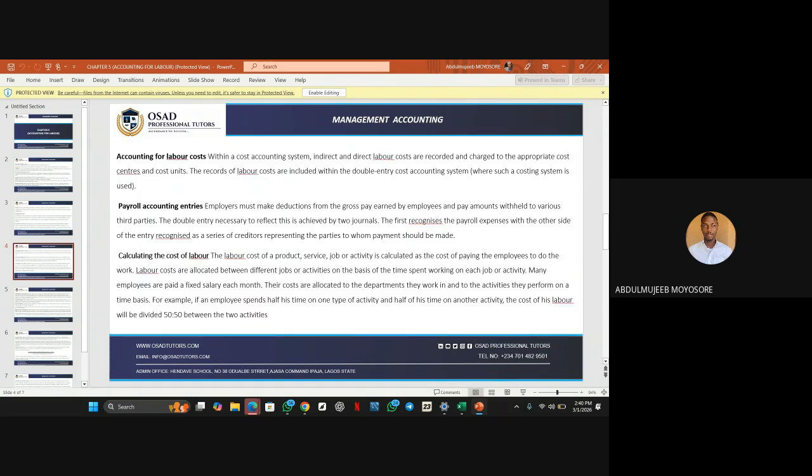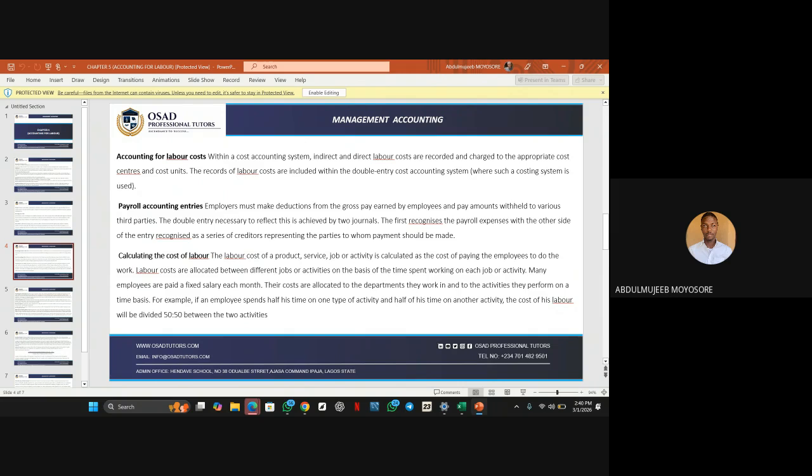Within an accounting system, indirect and direct labor costs are recorded and charged to appropriate cost centers and cost units. The record of labor costs is included within the double entry accounting system, where such a cost system is used, in payroll accounting entries.